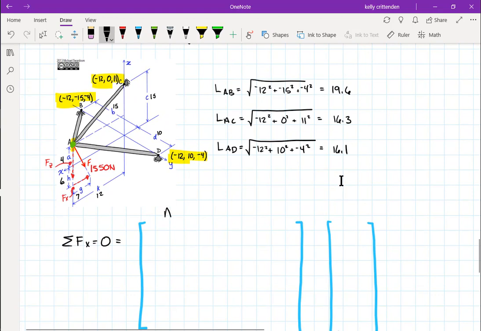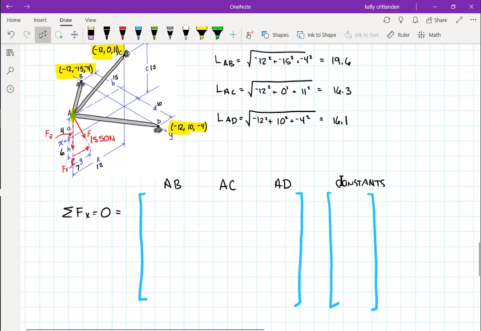So this column will be all of my AB stuff, this one all of the AC stuff, and this third column all the AD stuff. And these will be constants. You can certainly take more steps to get to this point, like writing out all the cosines like we did with the rope, and then writing out your equations in a generic term, and then putting the coefficients in, and you would end up here. So we're skipping several steps to get to this point a little more directly. Hopefully we don't make a bunch of mistakes in the process.